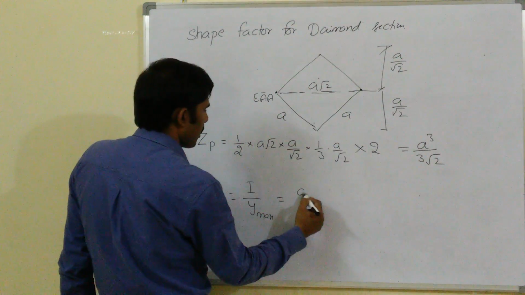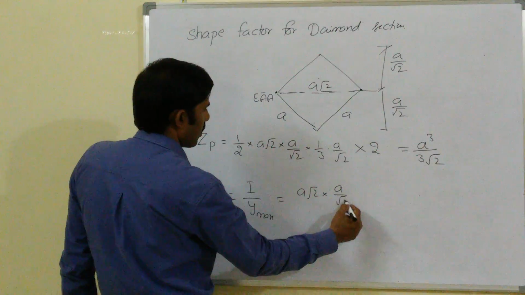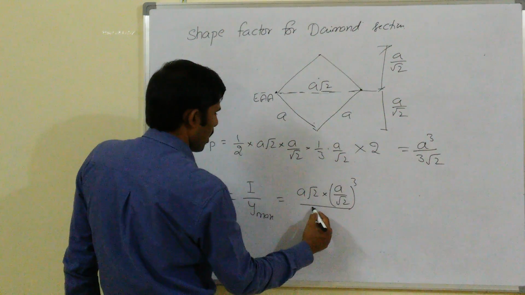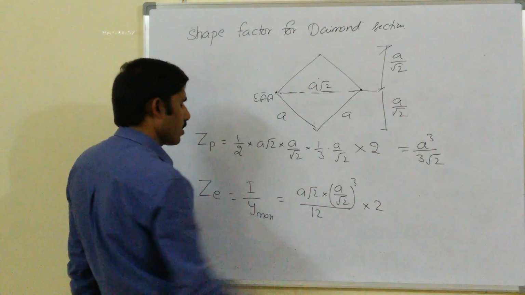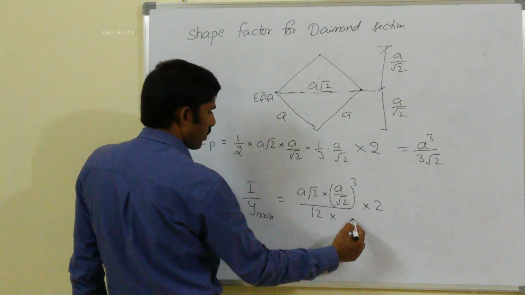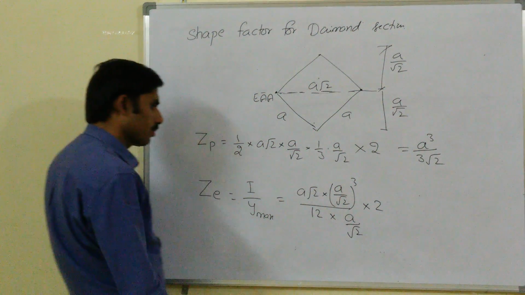So B is A root 2, H is A by root 2, cube by 12. So twice of that because there are two triangles. This is I, and Y max is A by root 2.